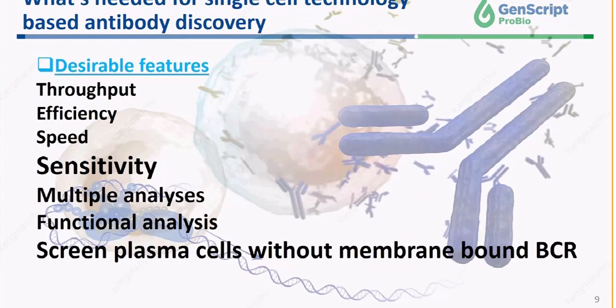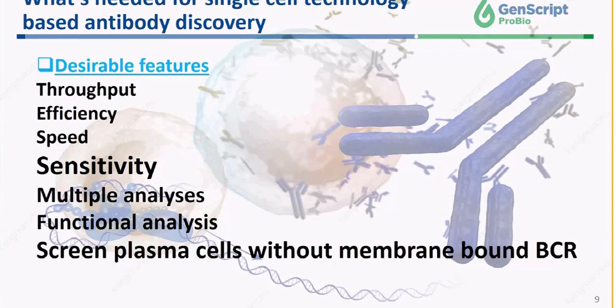So far, we've gone over some of the platforms for single-cell technology, how they work, and their advantages and disadvantages. Here I want to summarize the desirable features that are needed for single-cell technology-based antibody drug discovery.